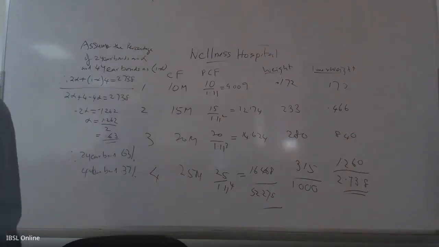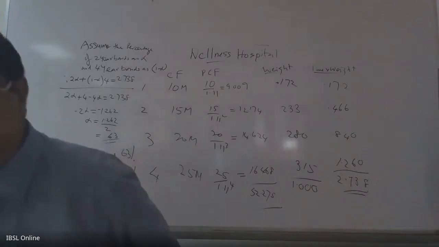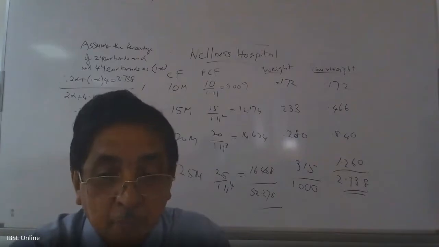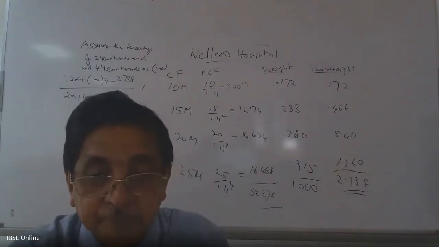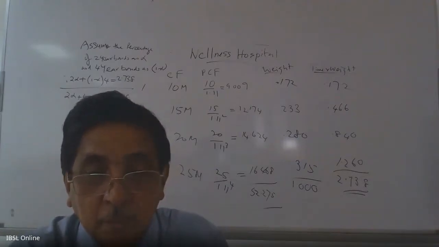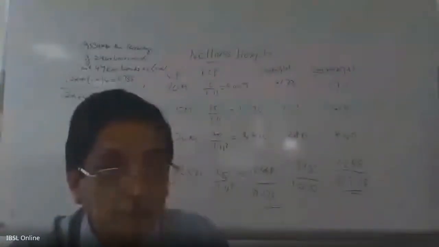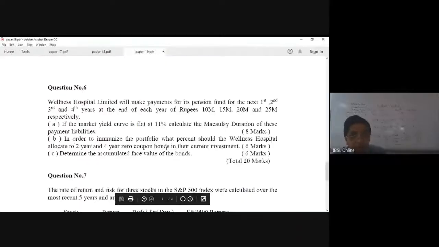Now for the second part of the question: in order to immunize the portfolio, what percent should the wellness hospital allocate to 2-year and 4-year zero coupon bonds in their current investment? So in their investment they need to have 2-year bonds 63% and 4-year bonds 37%.